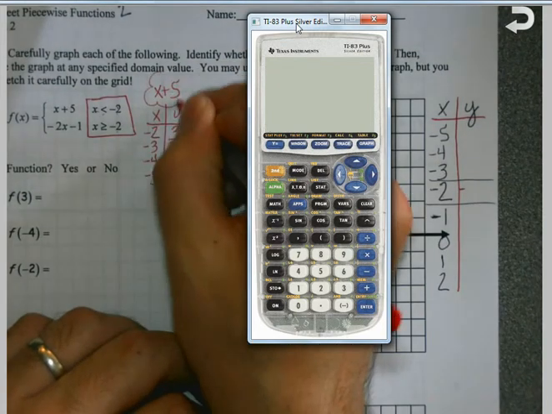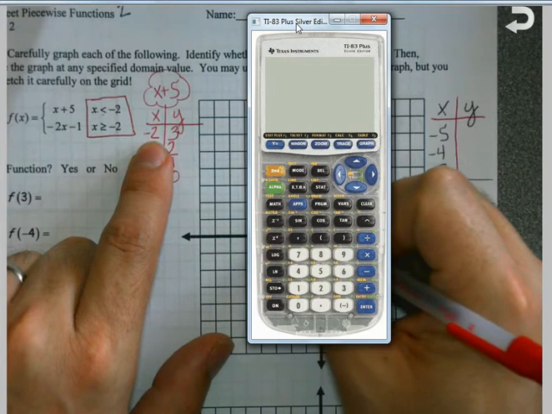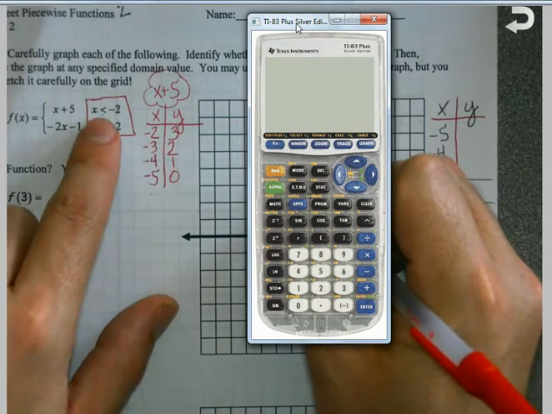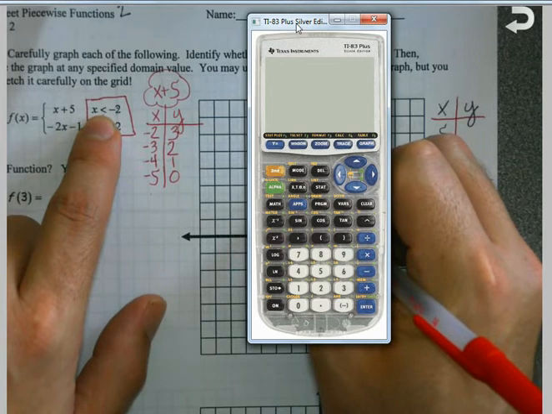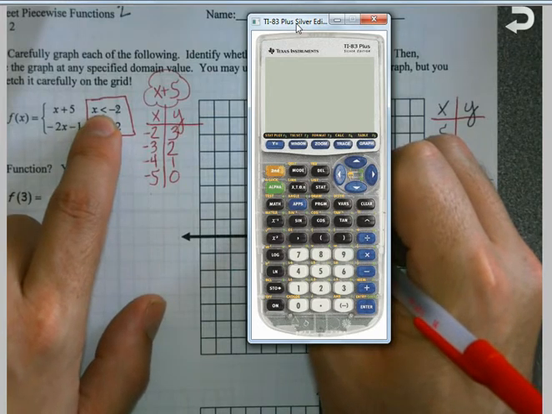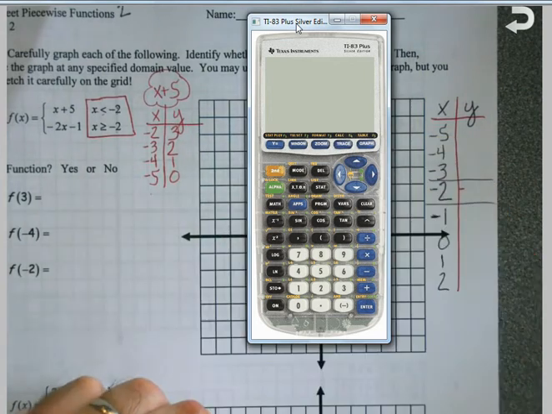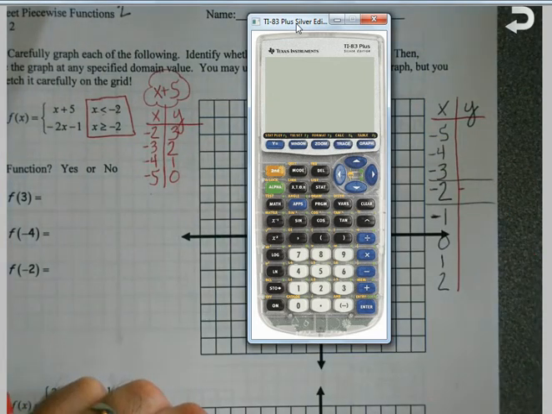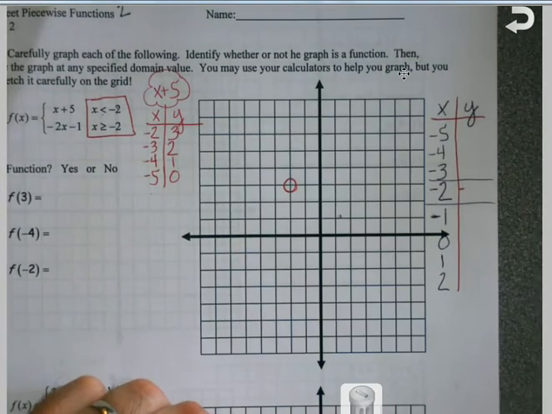So what I'm going to do is plot these points. So -2, 3. Now be careful. On my -2, 3, is my dot going to be open or closed? Open, because there's no "or equal to." So we're open dotted there. Let's get the calculator out of the way. Sorry about that.